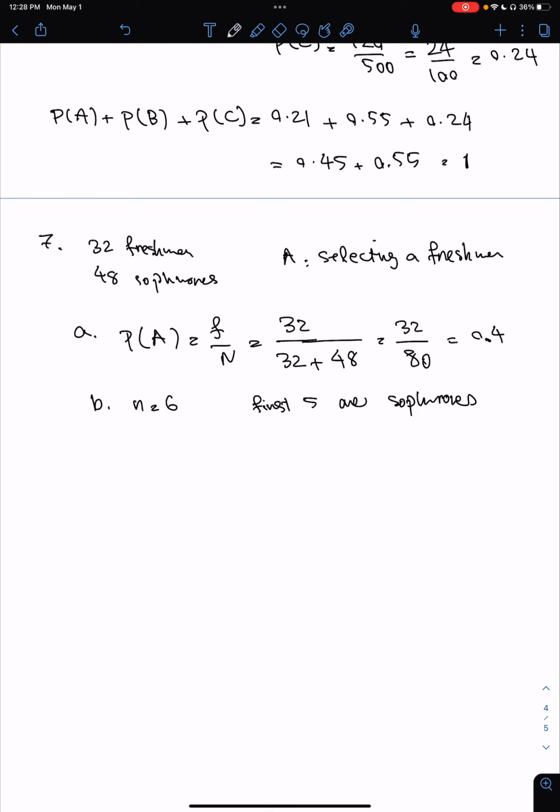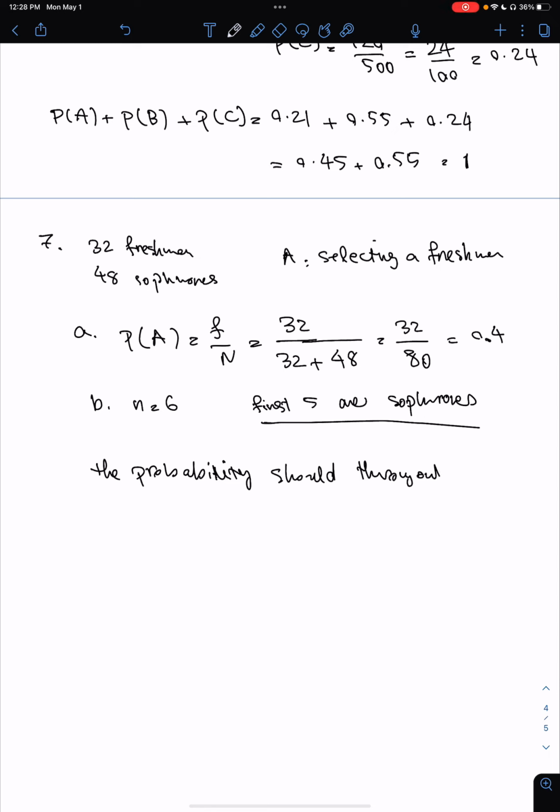This means that no matter if the first 5 are sophomores, the probability of picking the 6th student should remain constant through selection.